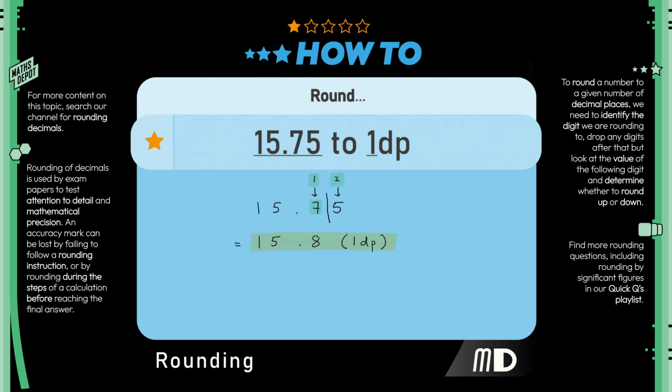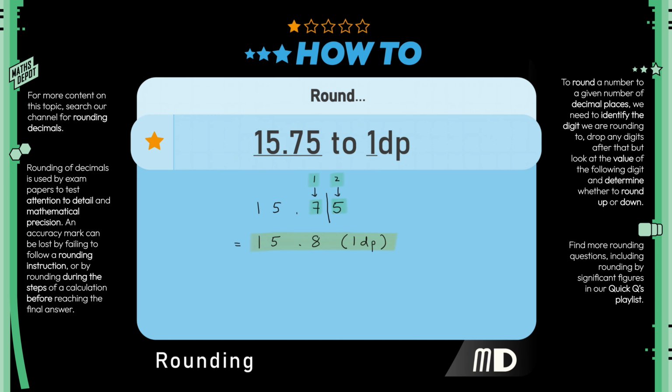But remember, we need to check whether the second digit is 5 or above, or less than 5. In this case, the second digit is a 5, because 15.75 is exactly halfway between 15.7 and 15.8. And mathematical convention tells us to round up. So the 7 increases by 1 to become an 8.